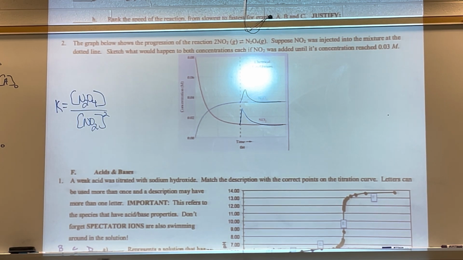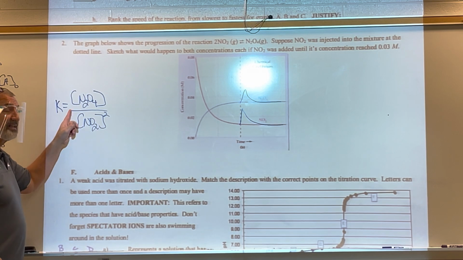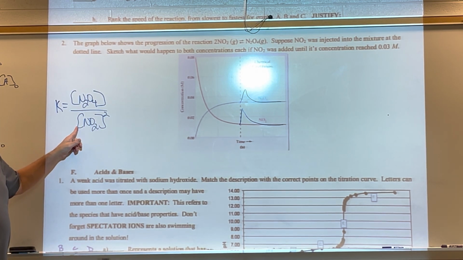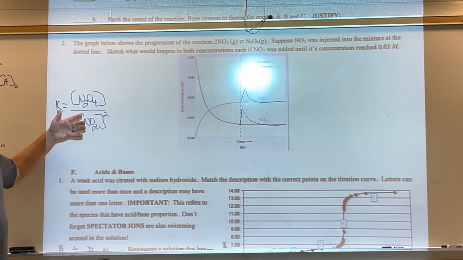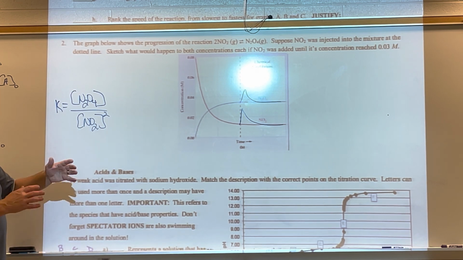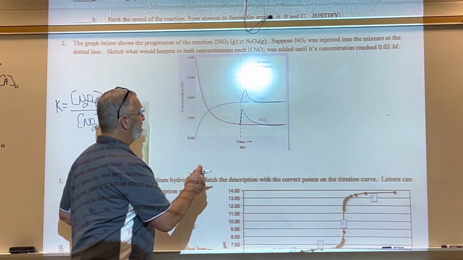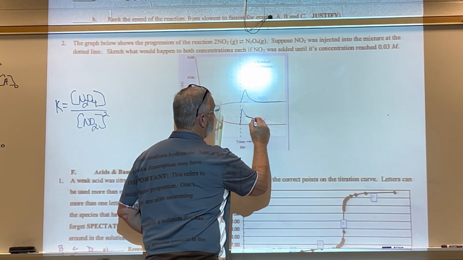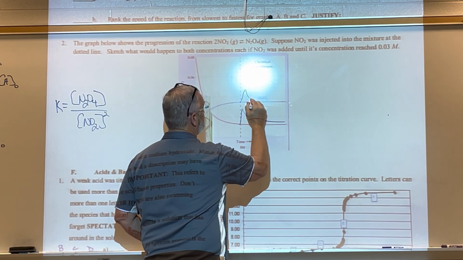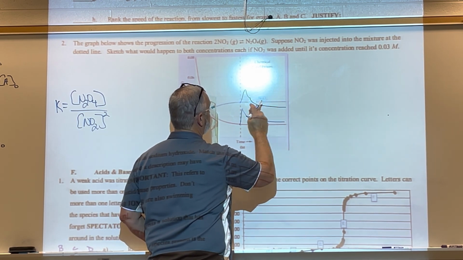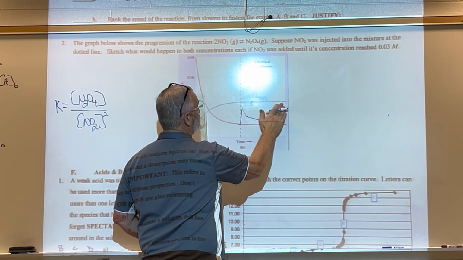So, biggest thing to know, the ratio is not going to change even though you change concentrations. This is going to increase, this one's going to decrease. Oh, that's what it's going to do. Sorry. This one's going to come out here, but this one's going to come down to here. I probably won't even do that.